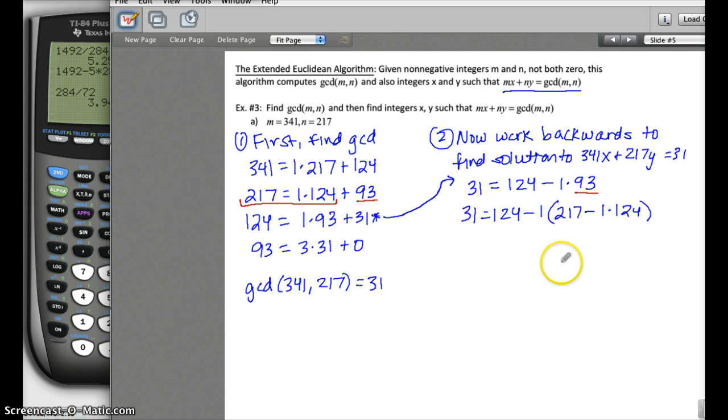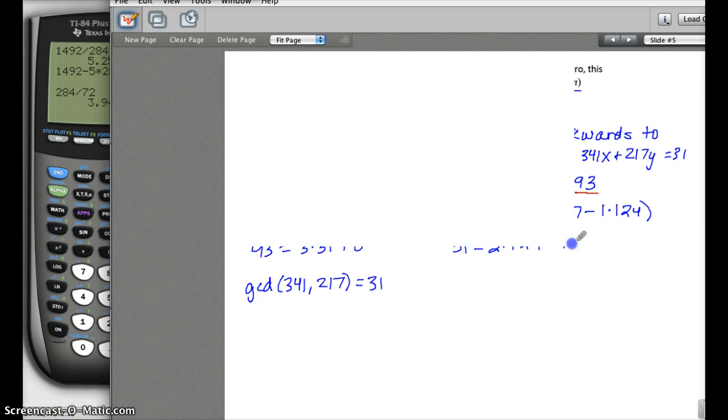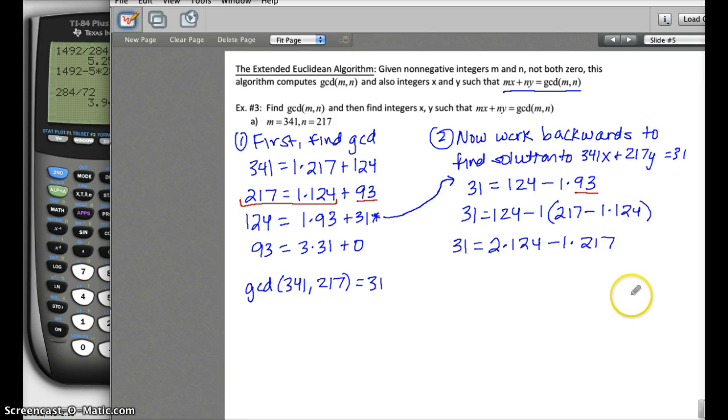Taking a look at what we have, a couple different terms have 124, so I'd like to combine those together. Negative 1 times a negative 1, you have plus another 1 times 124. So if I have 124 plus another, now I have 2 124s minus 1 217.